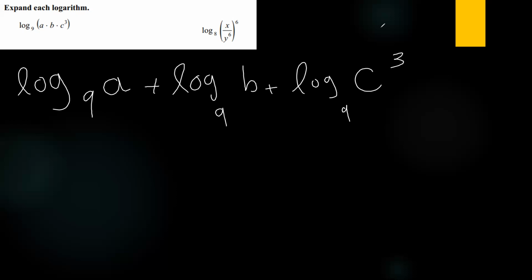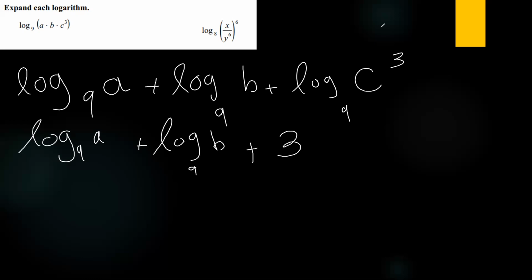So here, the first one is already simplified. The second one is already simplified. But look at the last one. We have c cubed. So what can I do with the power here? It will be 3 log. Bravo.